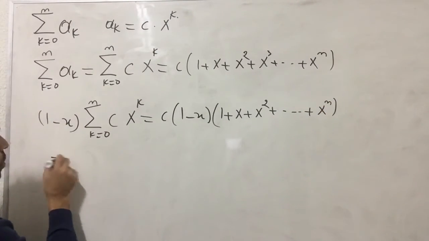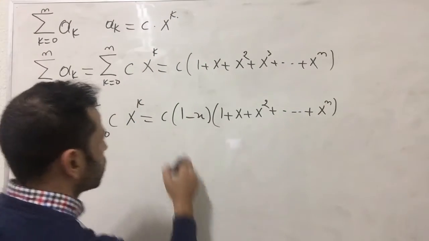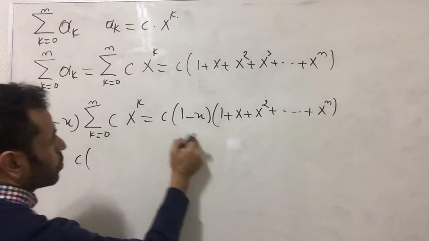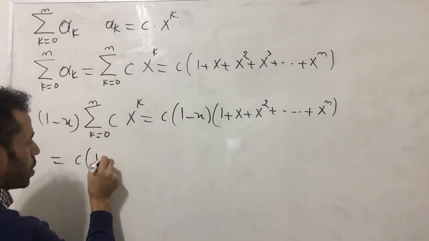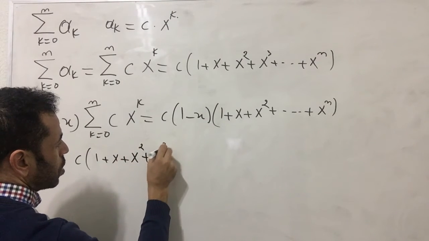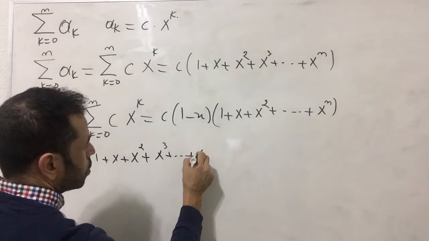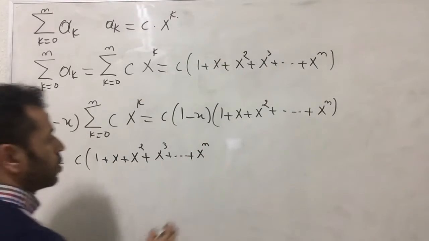So what I'm going to do now is distribute this. I'm going to factor out this c. So I will have c multiplied by 1 multiplied by this sum, giving me 1 plus x plus x squared plus x to the 3, and all the way down up to x to the n.